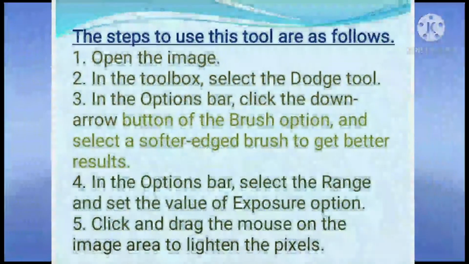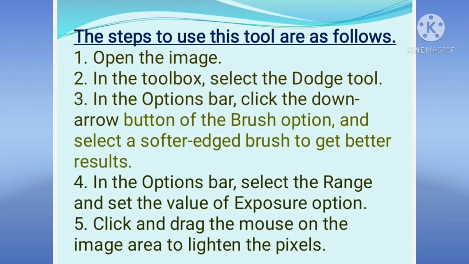To use the dodge tool, we have to follow a few steps. First, open the image. Second, in the toolbox, select the dodge tool. Third, in the options bar, click the down arrow button of the brush option and select a softer edge brush to get better results.